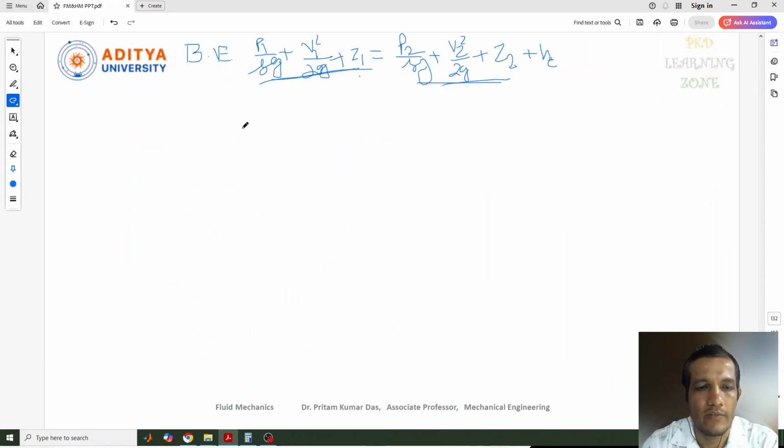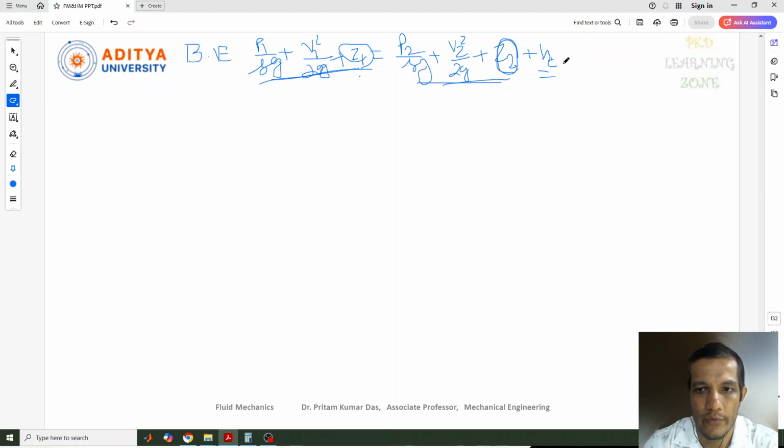After applying Bernoulli's equation, we put all these values of P1 and V1. V1 is not given anyway. Z1 and Z2 will be equal because this is a horizontal pipe, so Z1 equal to Z2. In place of V1 we can put V2 by 4, and HC is nothing but what we got there, 0.375 V2 square by 2g.